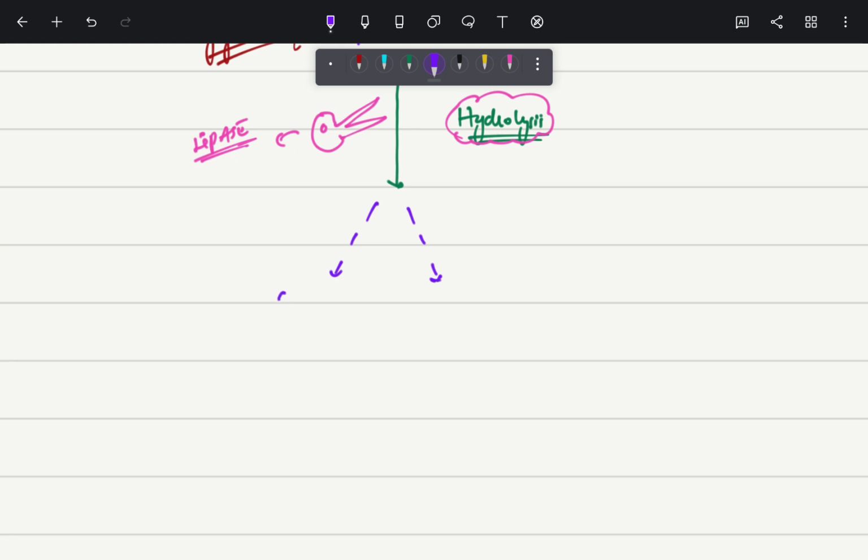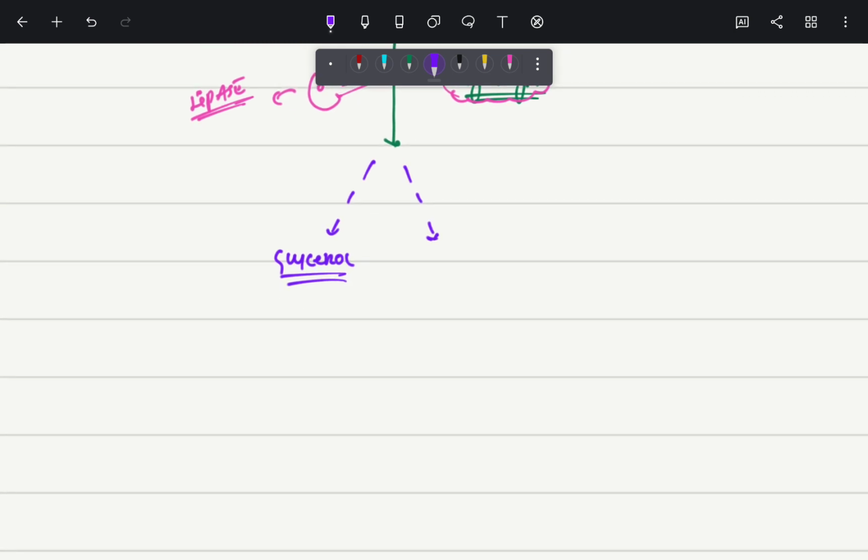As I already told you, one of the components is glycerol, and the other component is fatty acid. Eventually this fatty acid will go into the circulation, bind to albumin, and reach the target tissues.